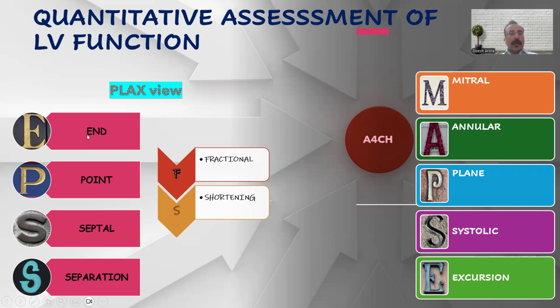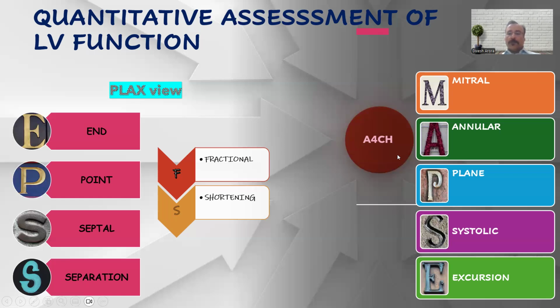EPSS stands for end point septal separation, which actually measures the distance traveled by the anterior mitral leaflet towards the interventricular septum. Fractional shortening is another modality which is used to assess the LV quantitatively in parasternal long axis view.